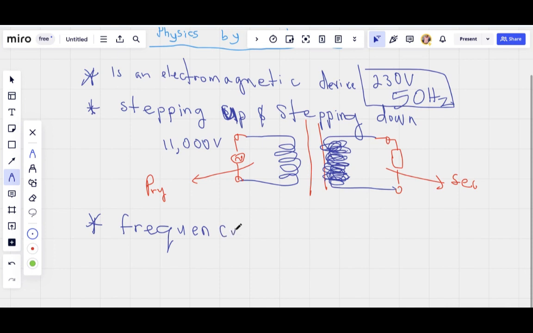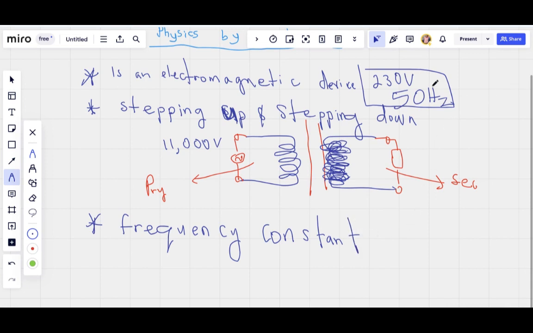In many countries, we use two different frequencies for transmission. Some countries stick to the 50 Hz frequency, while some countries stick to 60 Hz. Now we'll give examples of countries that use 50 Hz and countries that use 60 Hz.